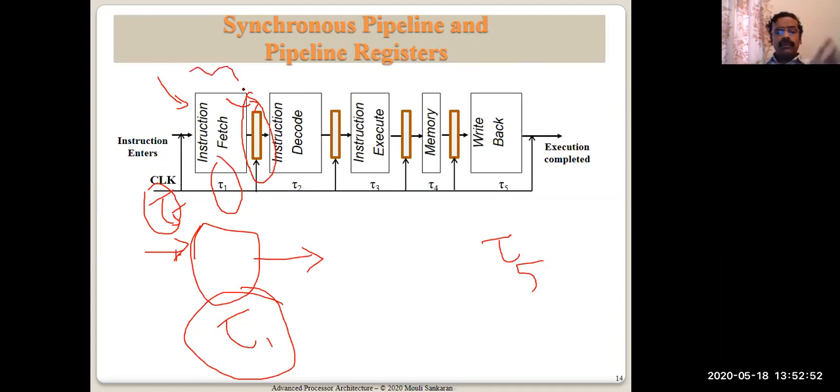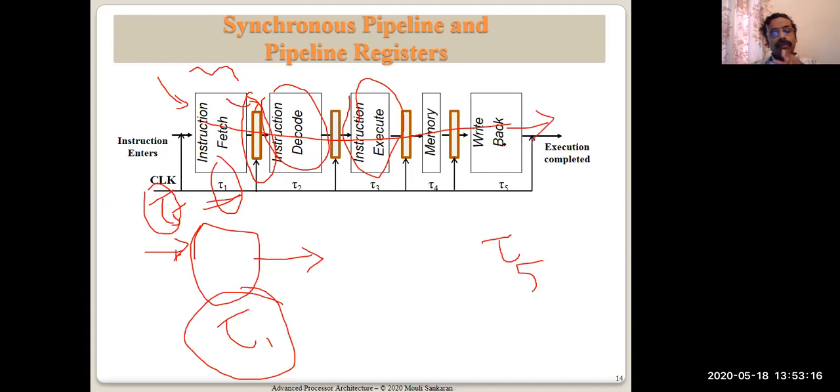If I don't give the actual time taken by the stage, I am going to get a wrong answer. I am latching a value which is unstable or incomplete. So the whole execution will be wrong.